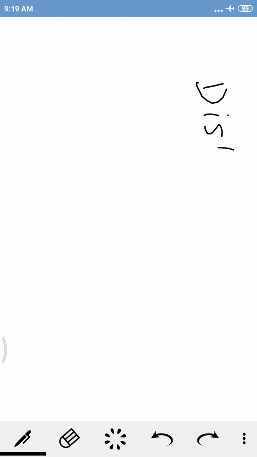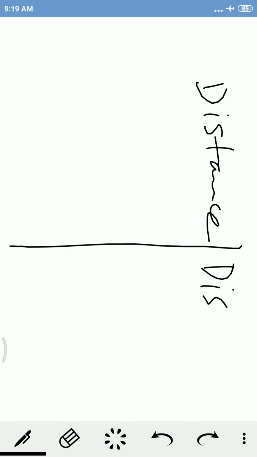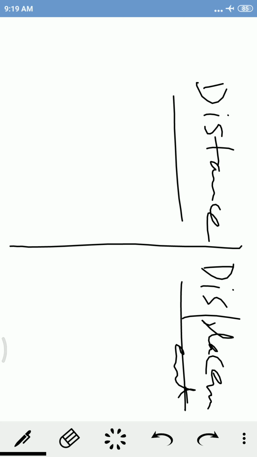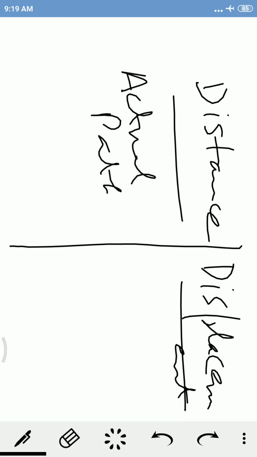What is the difference between distance and displacement? It's a very important question. The first point is that distance is the actual path covered by the object, and displacement is the shortest path.